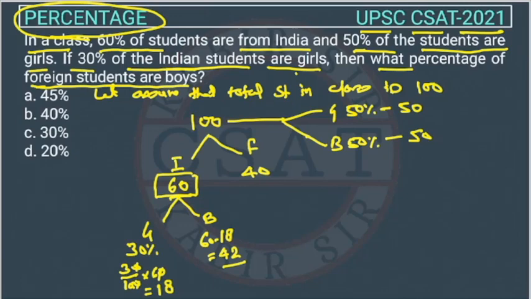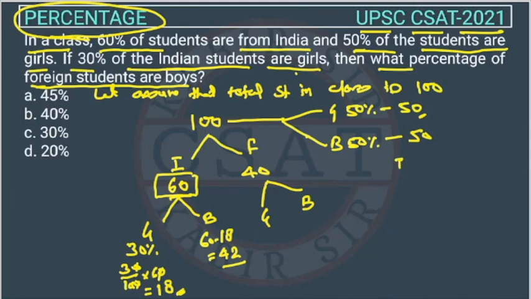So we have to find how many percent of foreign boys there are, out of total foreign students. So there are 40 foreign students, and out of this 40 there will be girls and boys, right? So how many foreign girls will be there? See, 18 girls are here. Total girls are 50, right?